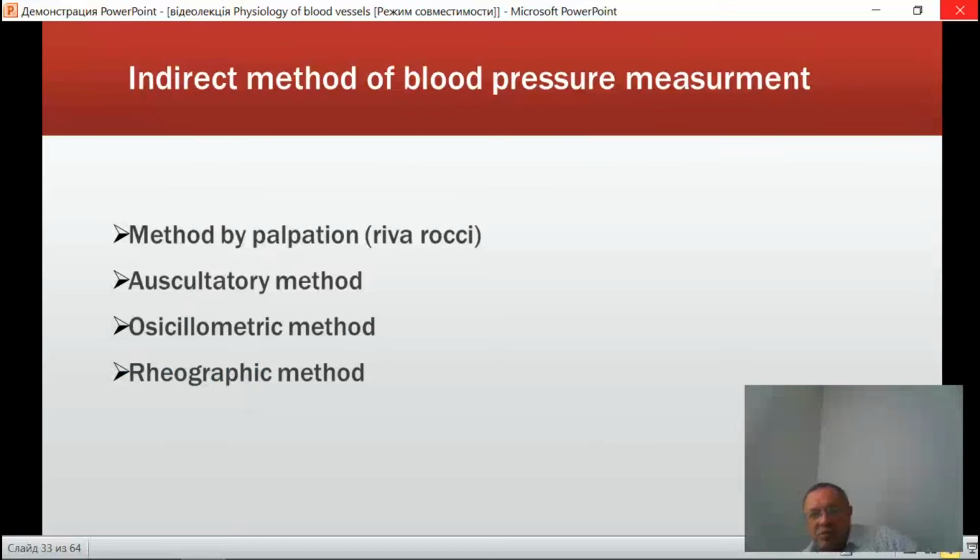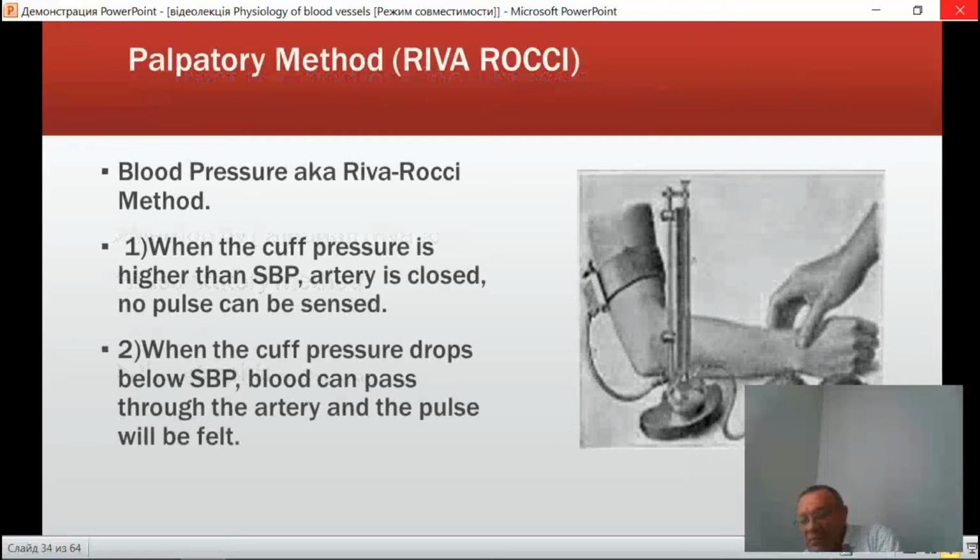Indirect methods of blood pressure measurement: the method by palpation, this is the Riva-Rocci method, auscultatory methods, oscillometric methods, and rheographic methods.